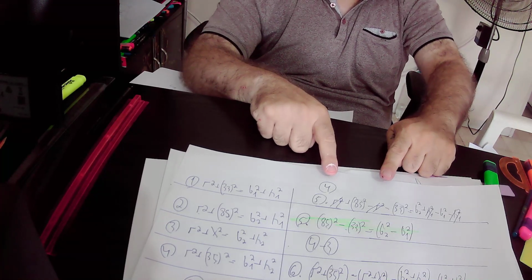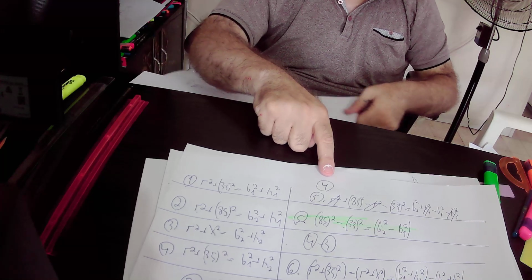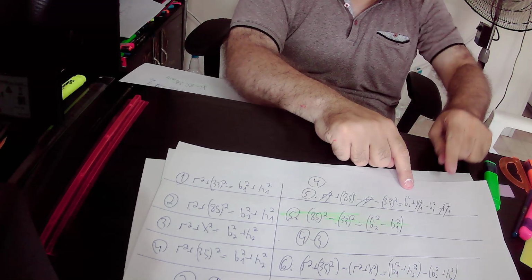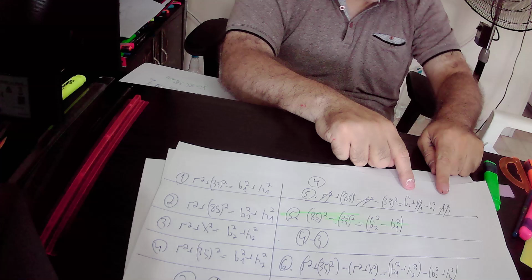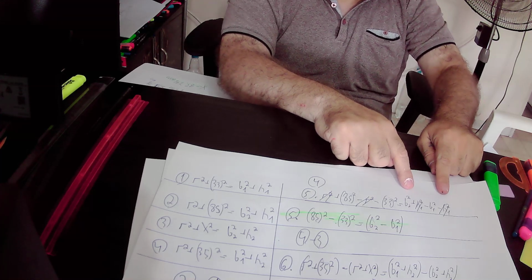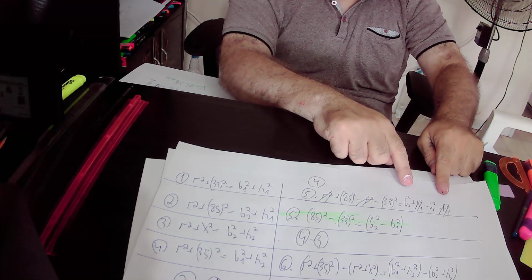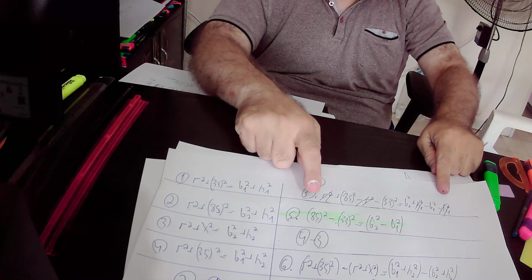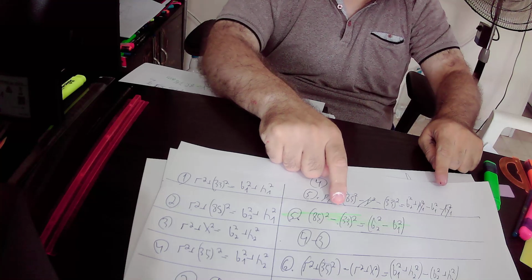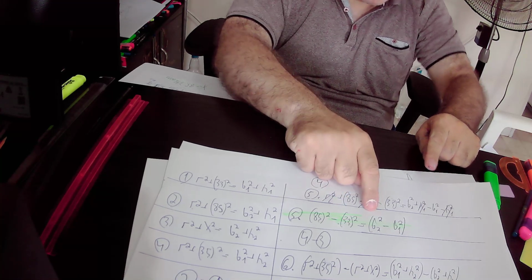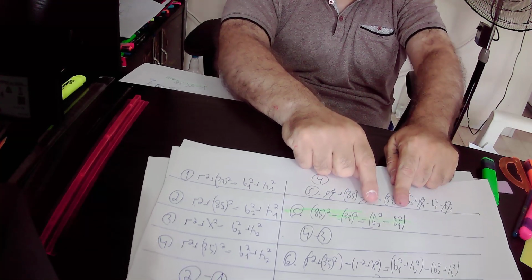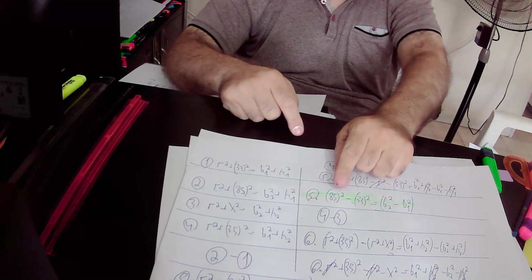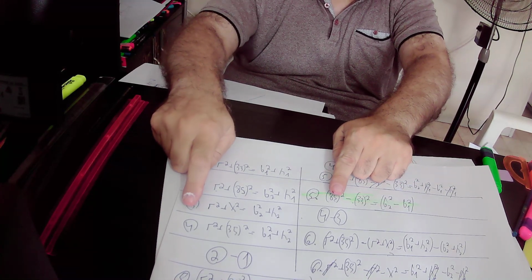R square minus r square is 0, so r square gets cancelled. h1 square minus h1 square is 0, so h1 square also gets cancelled. And we are left in equation number 5 with 85 square minus 33 square, that is equal to b2 square minus b1 square. Then we subtracted equation number 3 from equation number 4.